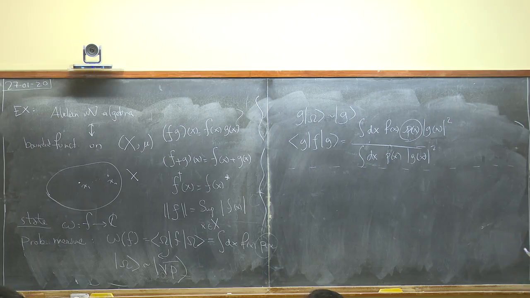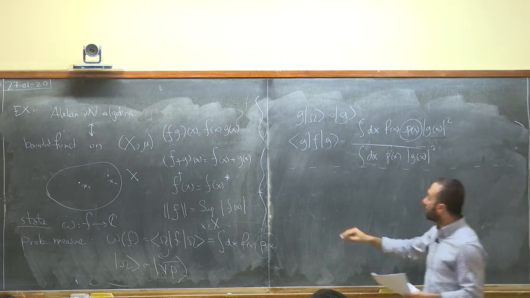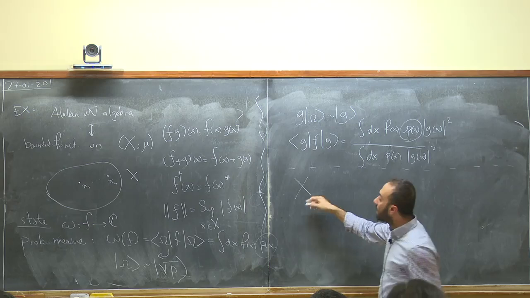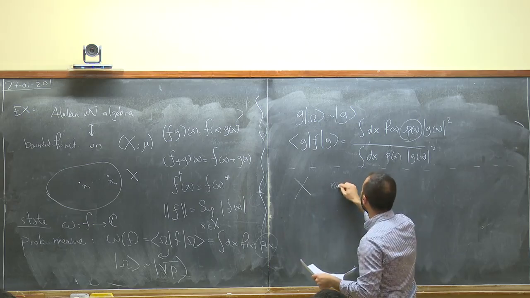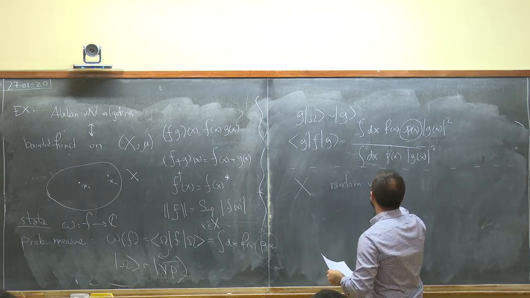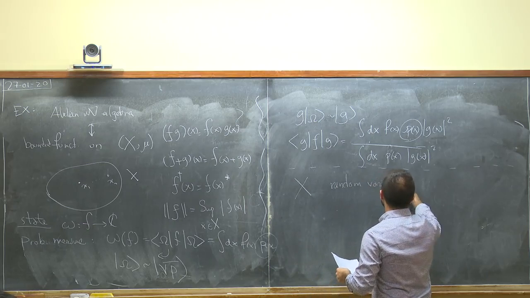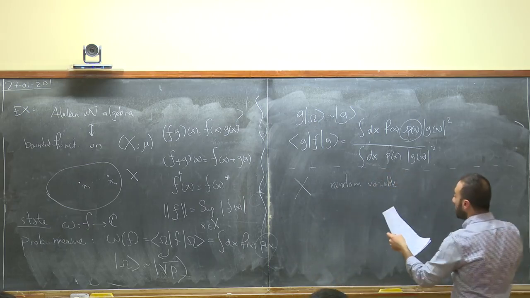So a lot of what I say in these three lectures are about information theory. I want to draw a connection at this level to classical information theory. And here's how it goes. You think of x as a random variable. This is the set we're talking about.